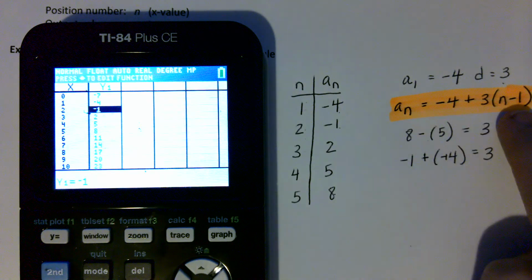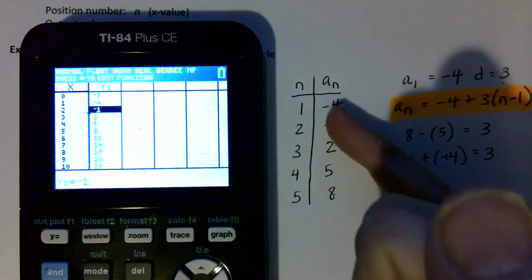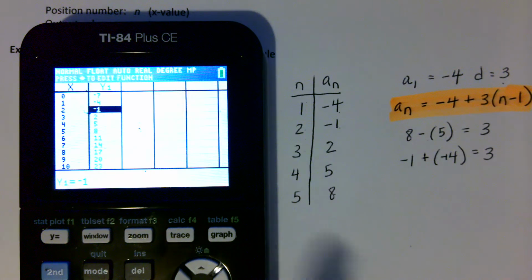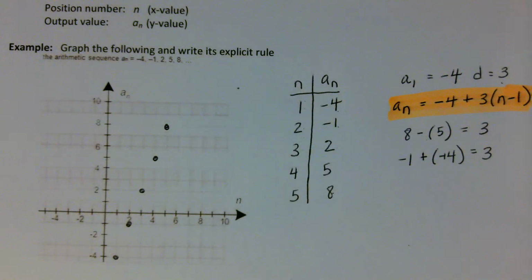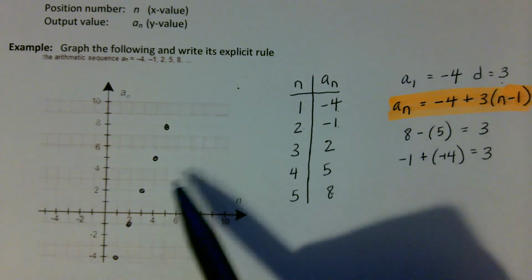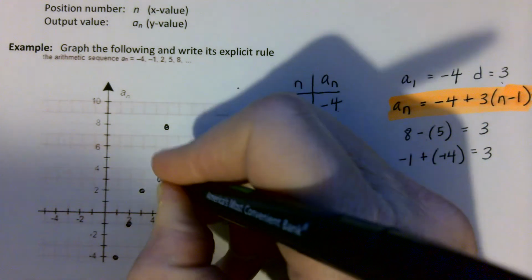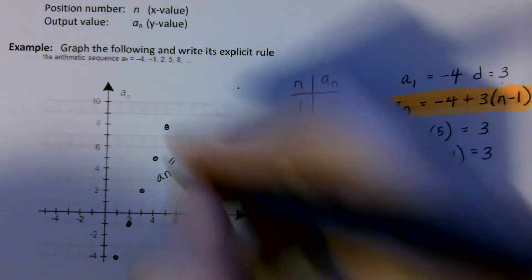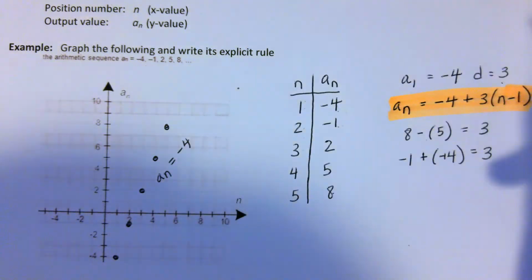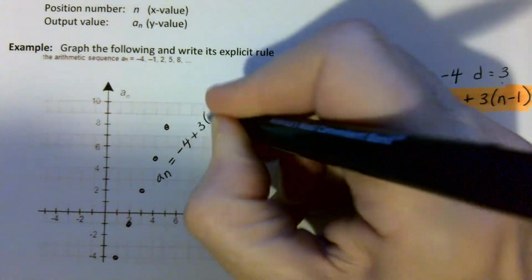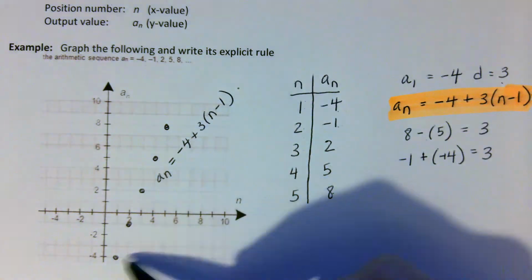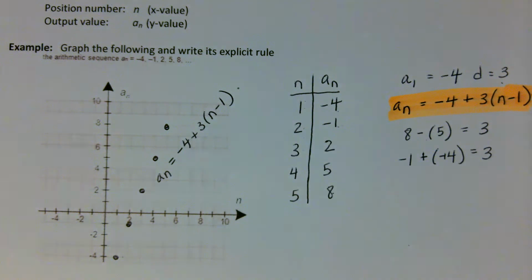Anytime you write your equation, you want to make sure that it matches the table of values you had. We could write our equation here on the discrete graph if we wanted to. It's up to you and what your teacher is requesting. But this shows the pattern.